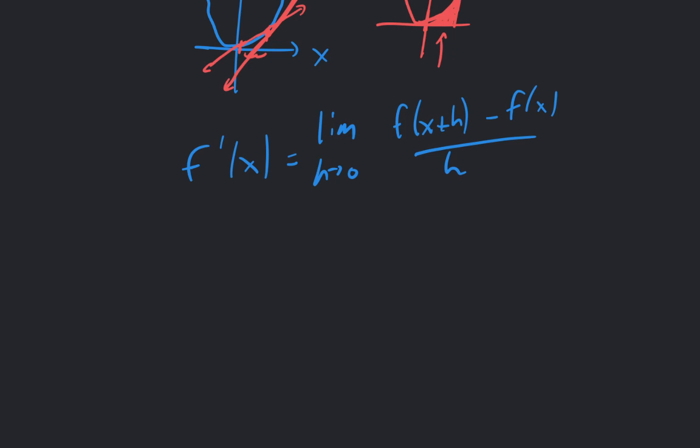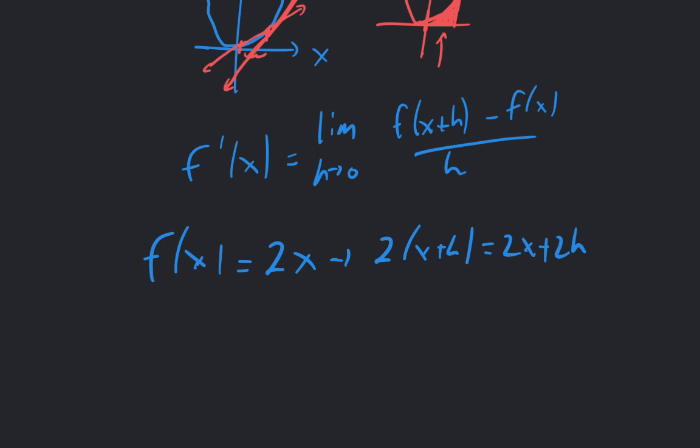Basically, if we have a function of x, this will equal something, let's say 2x. Wherever there's an x, we replace that with an x plus h. So 2 times x plus h would be 2x plus 2h.